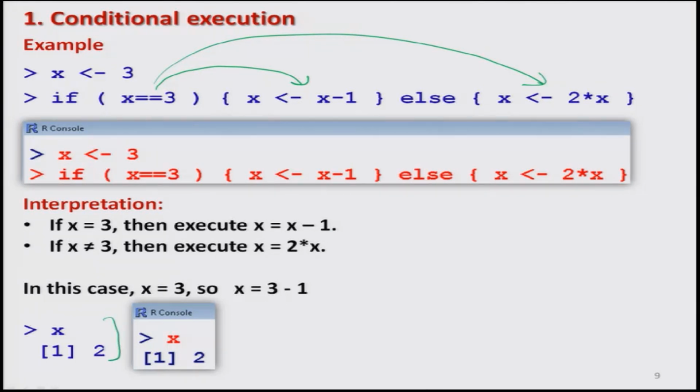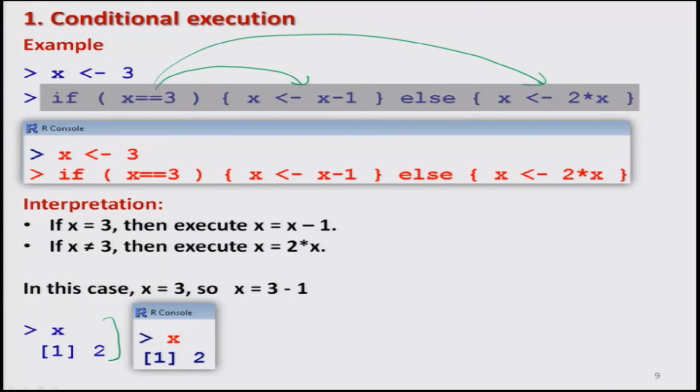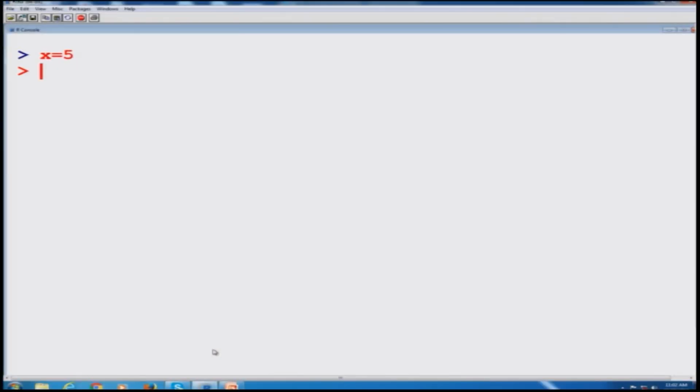Now let us operate this over the R console. Let us take x equal to 5 and copy this condition over here. You can see that this condition has been executed over the value of x, and if I look at the value of x, it comes out to be 10, right.